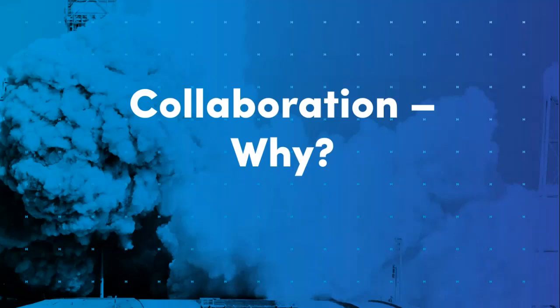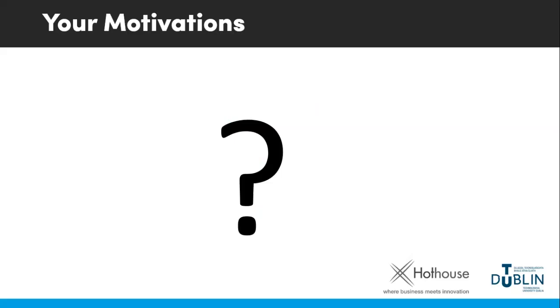But unless you really think about why you want to do it, it can be very hard to be strategic, to think about who you need to talk to, what types of collaborations you're going to do, and so on. So the very first exercise, I know it might seem a little bit of a step back, but really have a good think about what your motivations are for engaging with industry.